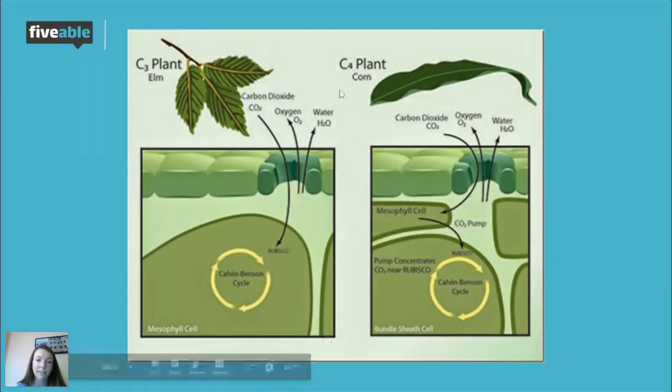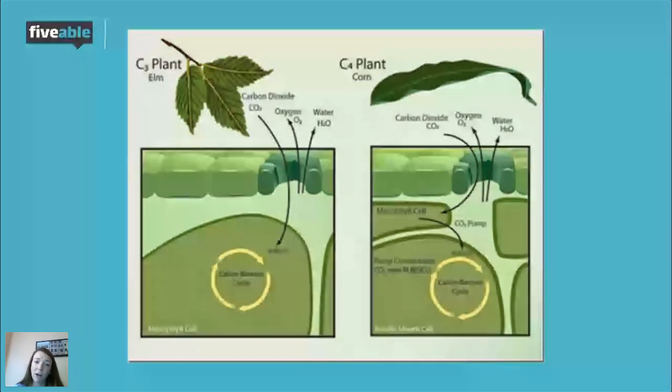We need that open supply, as opposed to doing this in a 2-step process so that we can most likely close those stomata more frequently and not lose as much water, which you can see is going through those stomata in both of these diagrams. So that's your C4 plant. It's just a different location for carbon dioxide fixation.